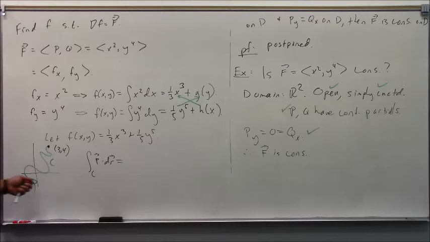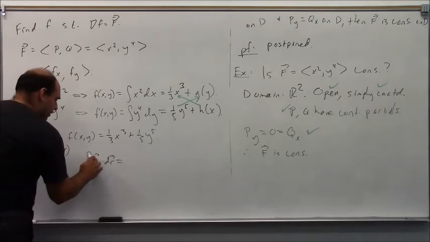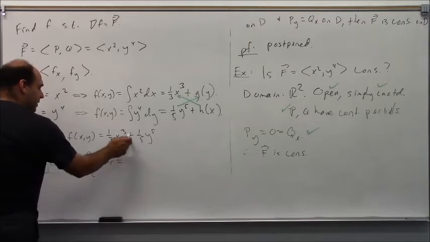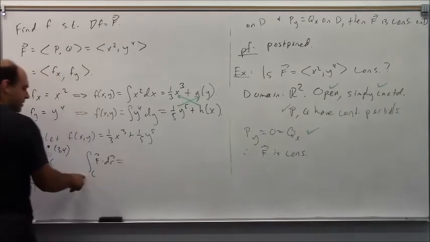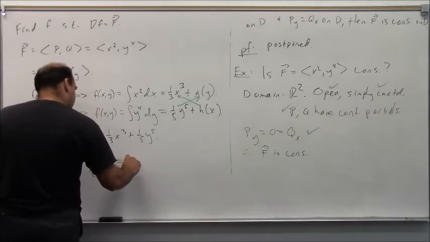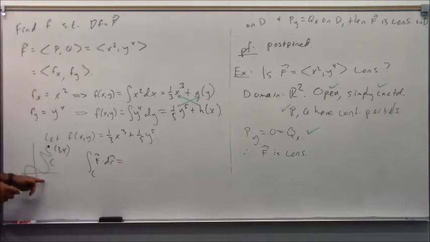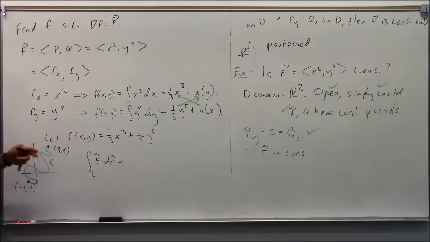And this should be a hint to you, by the way. If you run across a path like this that there's no hope of parameterizing, you better hope your vector field's conservative and that you can find a potential function for it, as we did, so that you can apply the fundamental theorem for line integrals. I'm not even going to try to do the parameterization intermediate step.